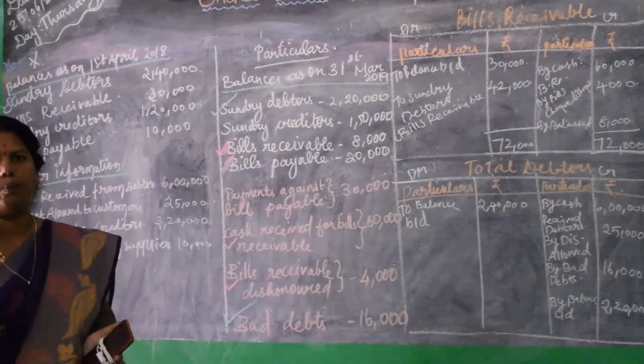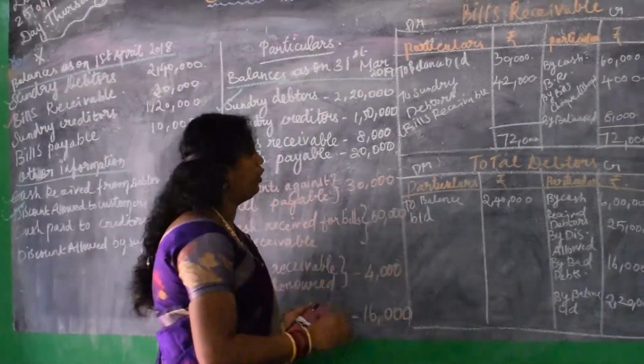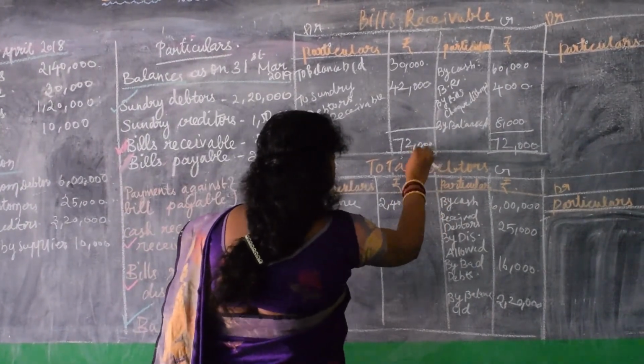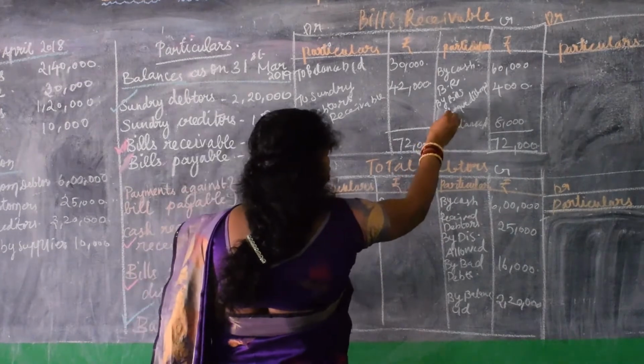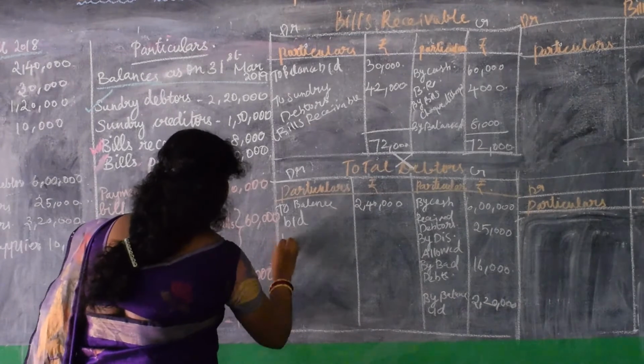Now you have to make one small hint. What is a small hint? I've taught you the cross. What is this cross? This cross, the cheque dishonored 4,000, no? It should come on the debit side. Yes.